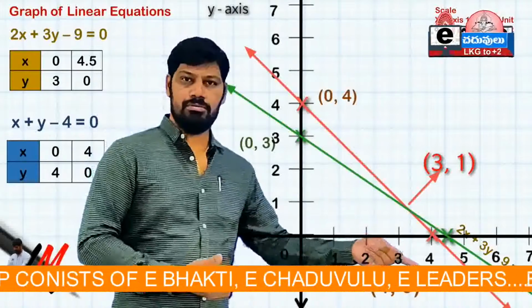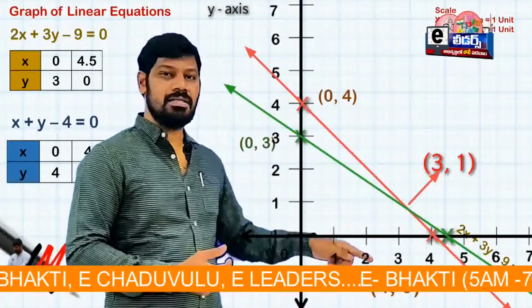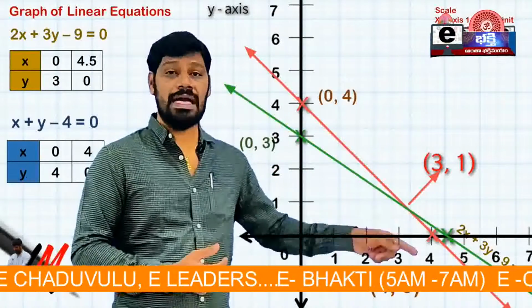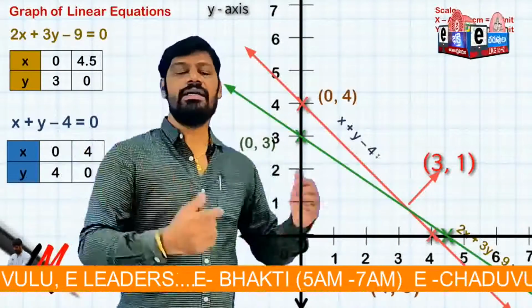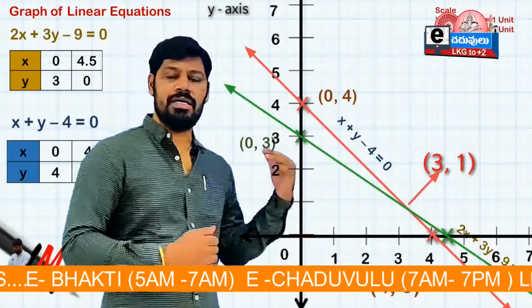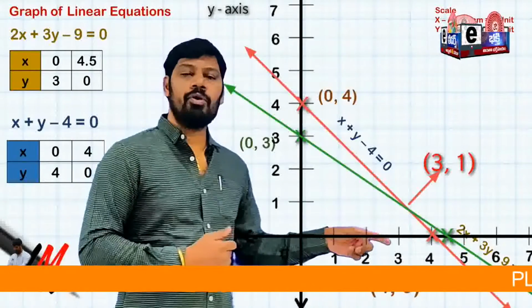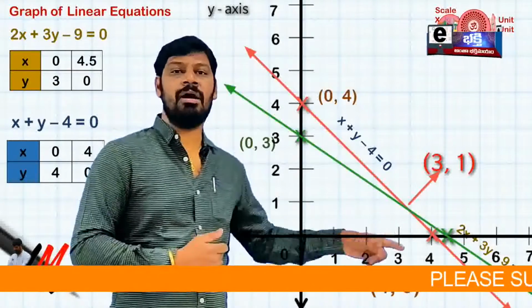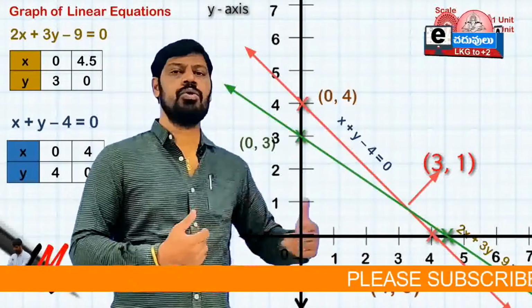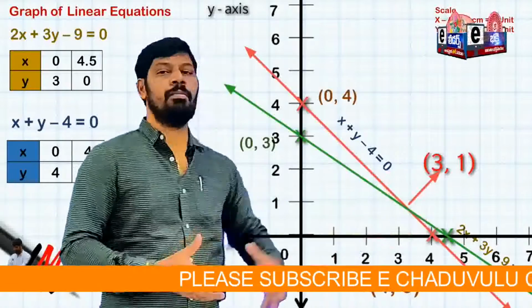Before noticing that point, first finish any balance things here. Yes, we forgot to write the equation. So write x plus y minus 4 is equal to 0. So I wrote points and equation, everything. If you have a look at this, both the lines are intersecting at (3, 1). You are supposed to write: the solution of the given system of equations is (3, 1).